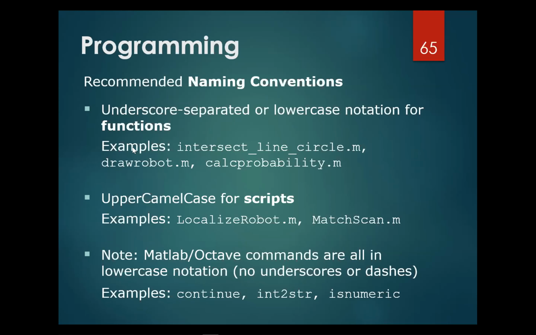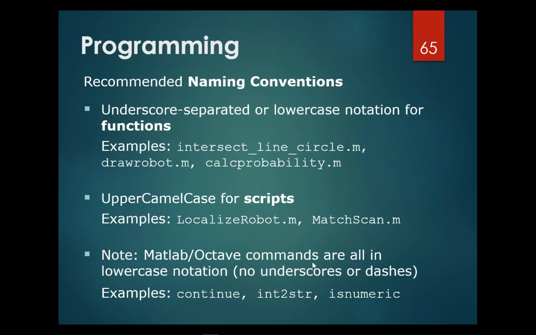So anytime we are saving a function name, conventionally we prefer you use lowercase words, and if you have more than one word, you use underscore. And then if you are saving a script, I'll talk about script and I'll talk about function, you use upper camel case. That is, you capitalize each word in it and then put them together. You don't use underscores to join. An example is LocalizedRobot, MatchScan, and the like.